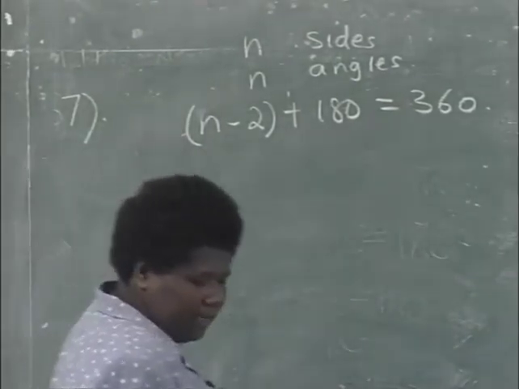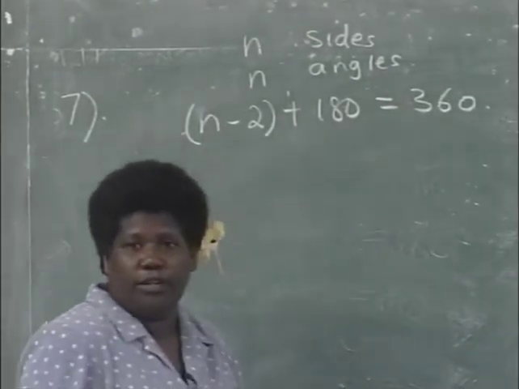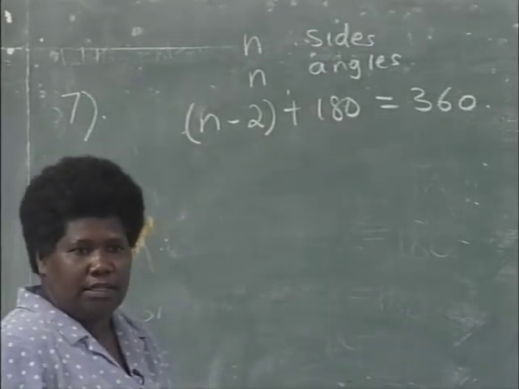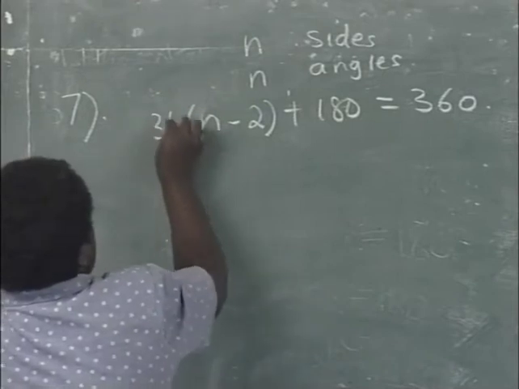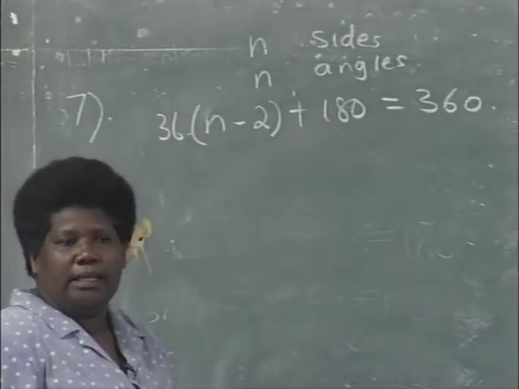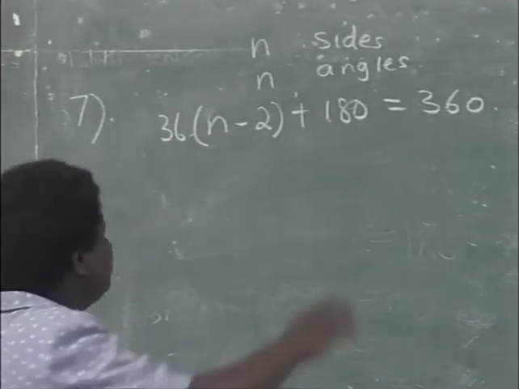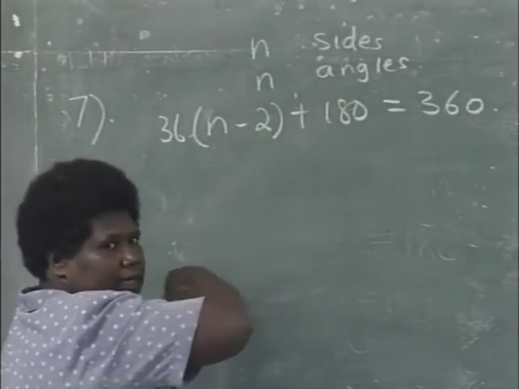If one interior angle is 144 degrees, then one exterior angle is 36 degrees, because 144 plus 36 will give you 180 degrees. So using the sum of the exterior angles will be equal to 360 degrees.